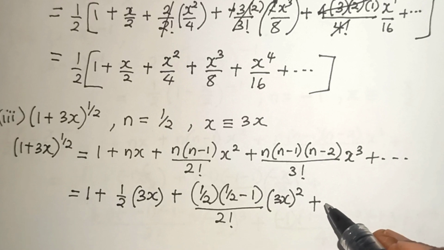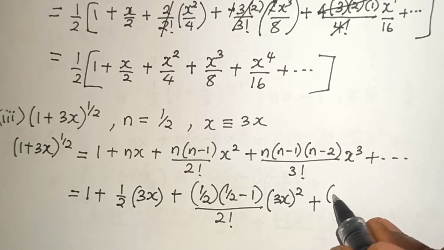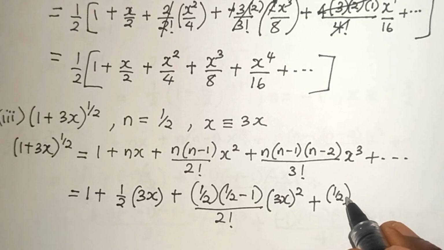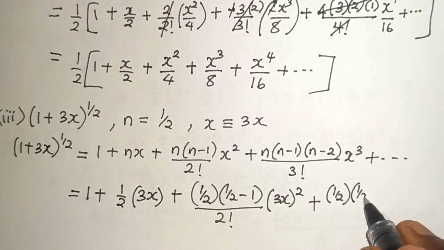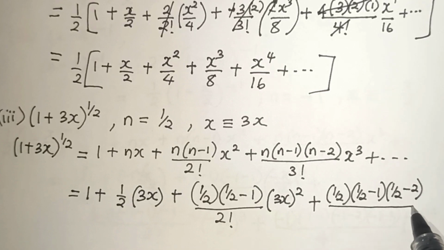Oh no, sorry, not the third one. We have half into half minus 1 into half minus 2 divided by 3 factorial multiplied by 3x all raised to power 3.